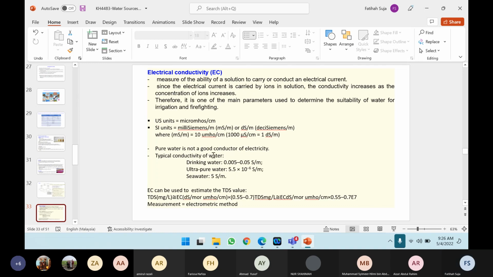Typical conductivity of water, so if you measure a water sample, so if the conductivity, drinking water.